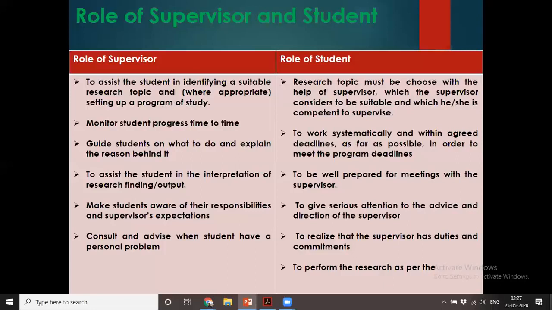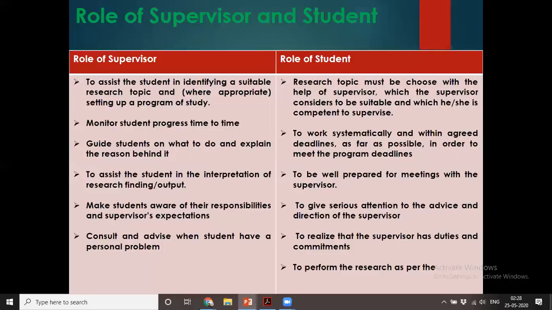So while carrying out your research work, the supervisor has to give sufficient advice and should monitor his student's progress from time to time. Then guide the student on what to do and explain the reason behind it.